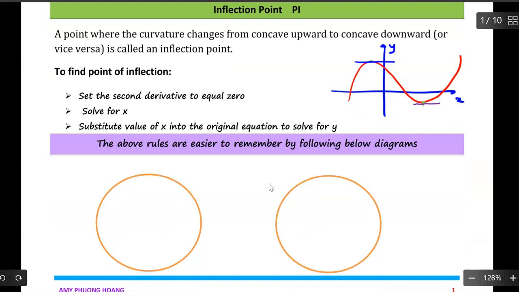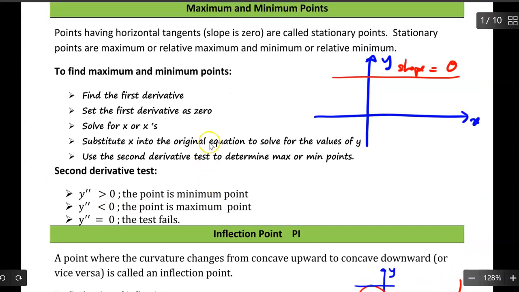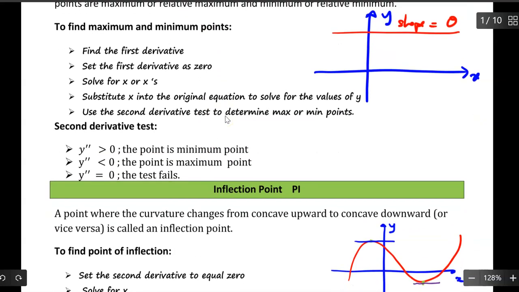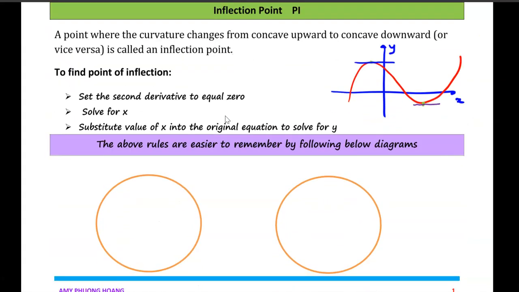So what I'm going to ask you to do is take a look at these two circles that I have for everyone. We are going to put some fun into mathematics, okay? All of the rules that I put up here, like all of the rules to find maximum and minimum points, what kind of test you have to use and recognize which one is max, which one is min, are actually condensed into these two diagrams.